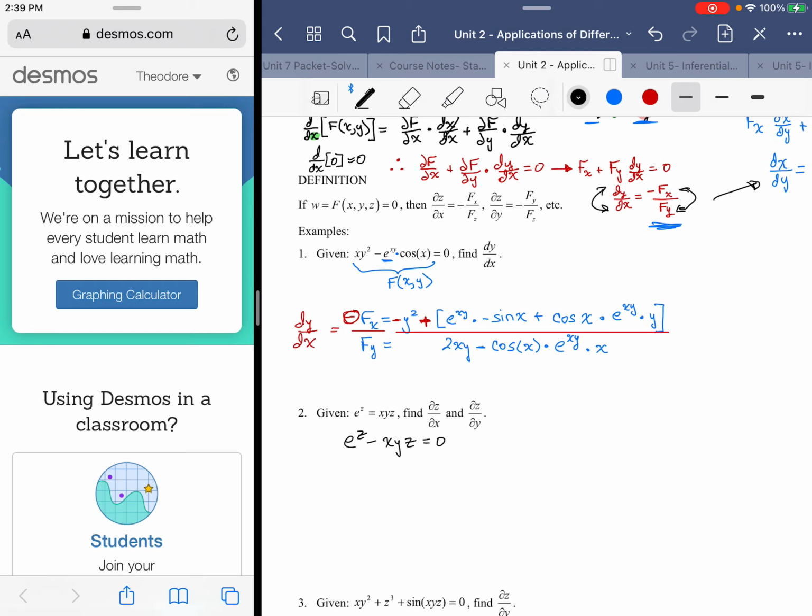All right, now since it's a function of 3 variables, we're looking at this being f of xyz. So instead of finding the derivative of y with respect to x or x with respect to y, it's z with respect to one or both of the other 2 variables.